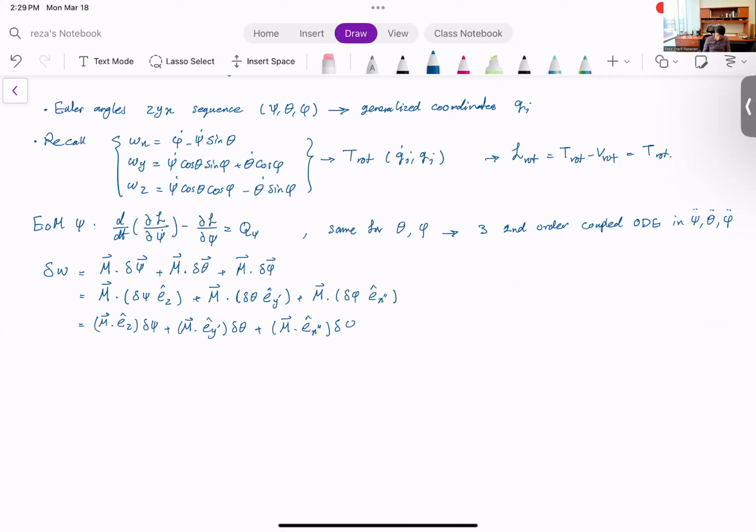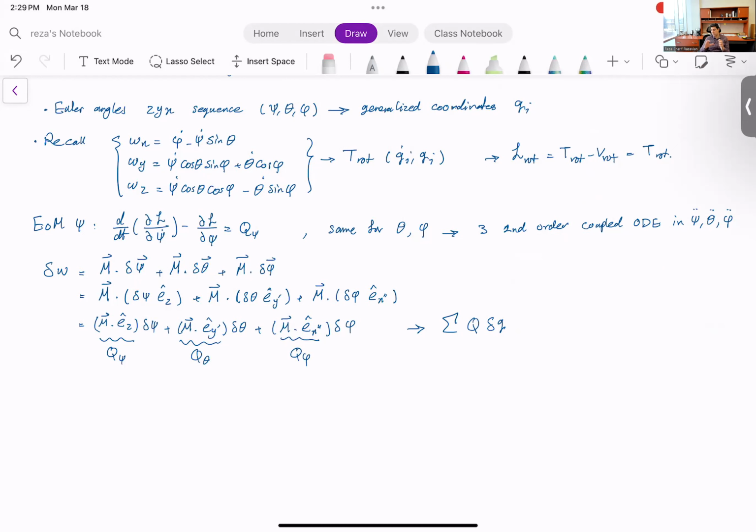And this is in the form of the sum of Q times delta q. So this is my Q psi, this is my Q theta, and this one is Q phi.